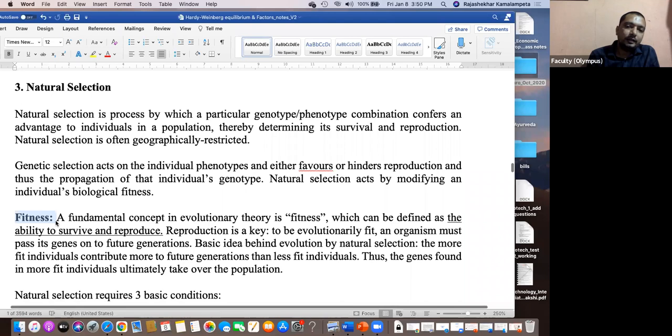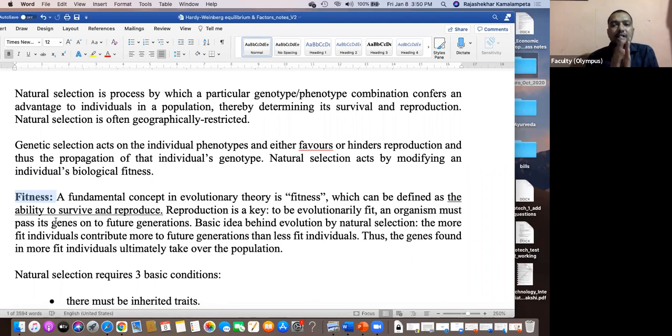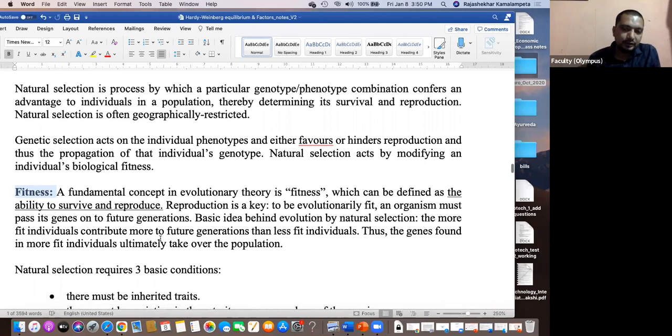Here it is reproductive fitness and survivability, that aspect of fitness we talk about. This is a very fundamental concept in evolution, and fitness can be defined as the ability to survive and reproduce.